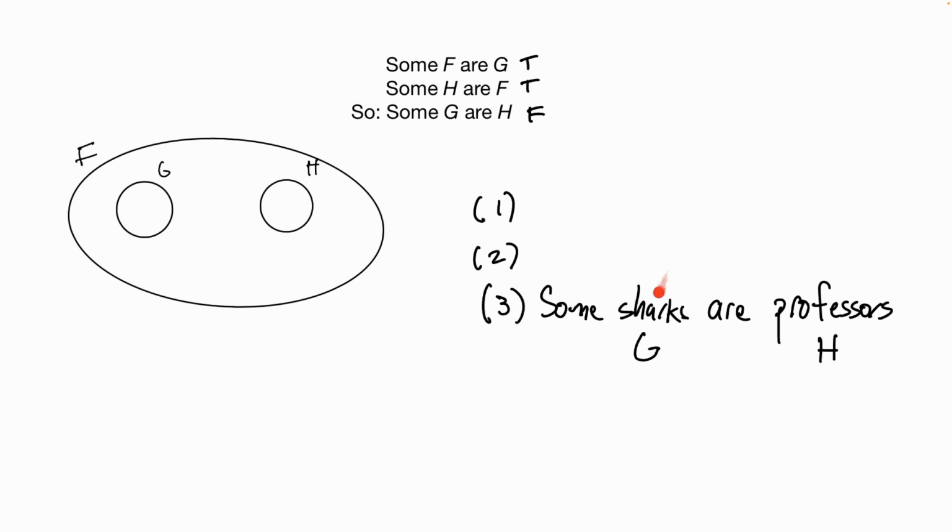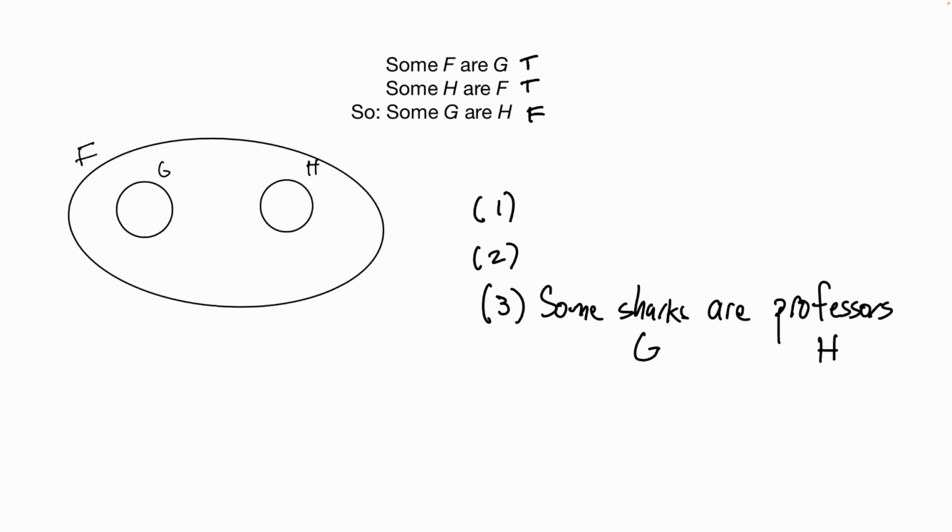And just because sharks and professors both belong to that much bigger category doesn't mean that they overlap at all. So, a good category perhaps would be like living things or living creatures. So I could say that's going to be my category F, living creatures.